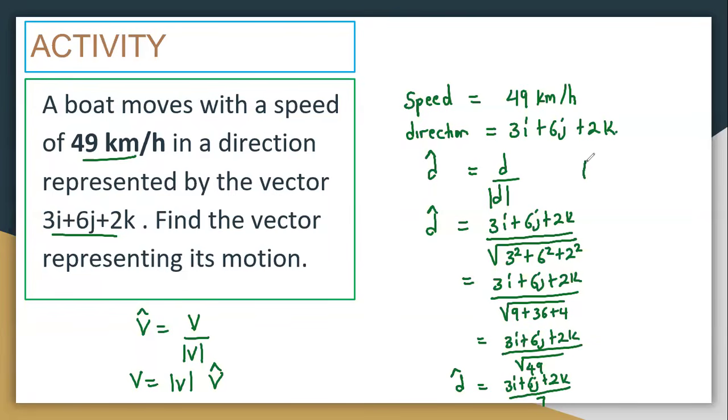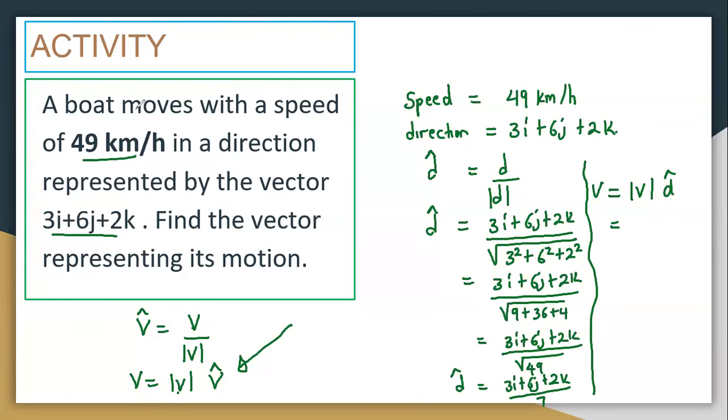Now, after obtaining the unit direction vector, your work is to come back here and say, to get the velocity vector, I get the magnitude times the direction. So that means your V is equal to the magnitude of V times the unit direction vector. Remember I told you that the unit direction vector is the direction which this boat is going to take.